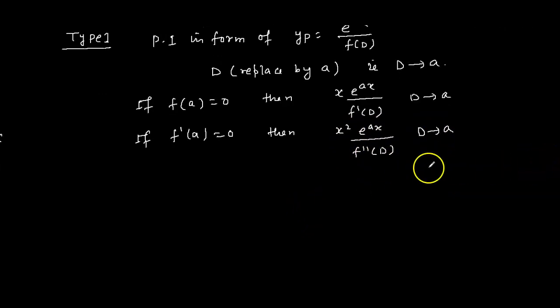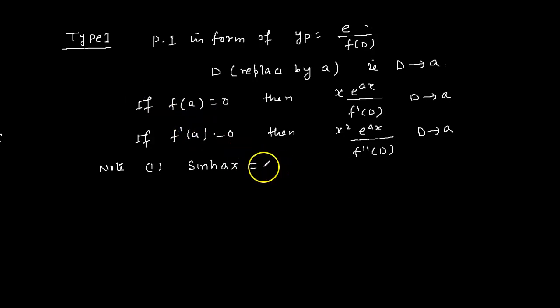The question can come in this form. Hyperbolic functions can come, sine hyperbolic of ax, or cos hyperbolic functions. You know that sine hyperbolic we can write in terms of e to the power of x, right?